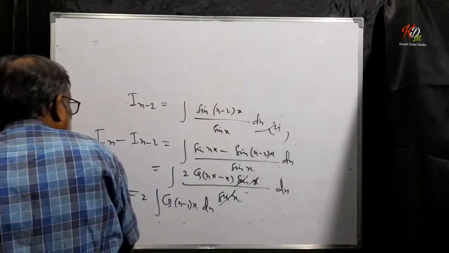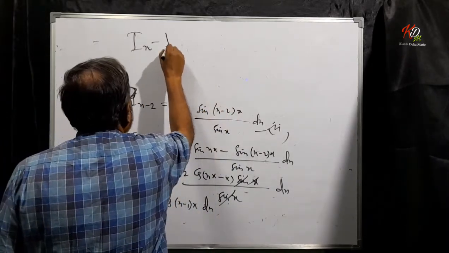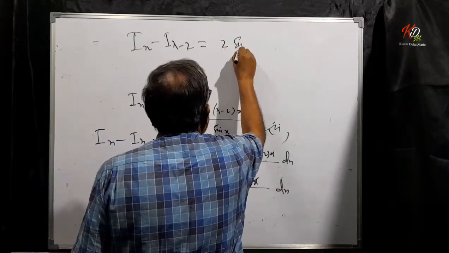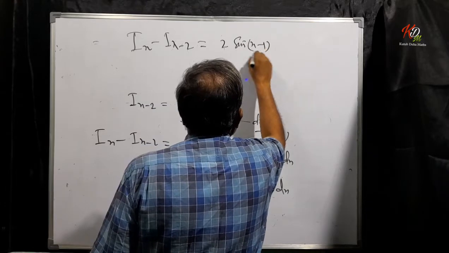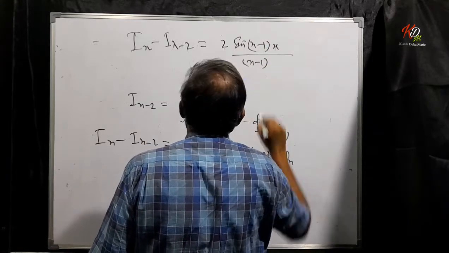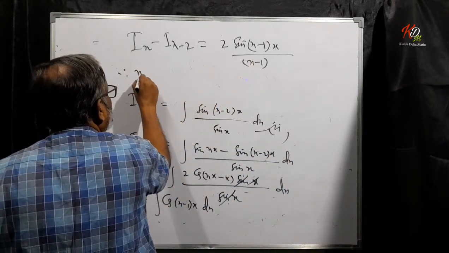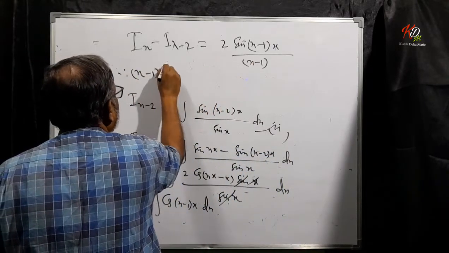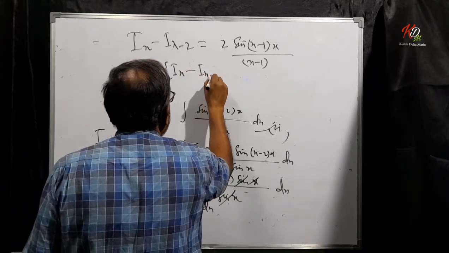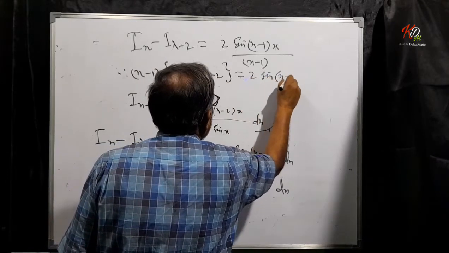So integrating this, I n minus I n minus 2 equal to 2 sin n minus 1 x by n minus 1. So I n equals I n minus 2 plus 2 sin n minus 1 x by n minus 1.